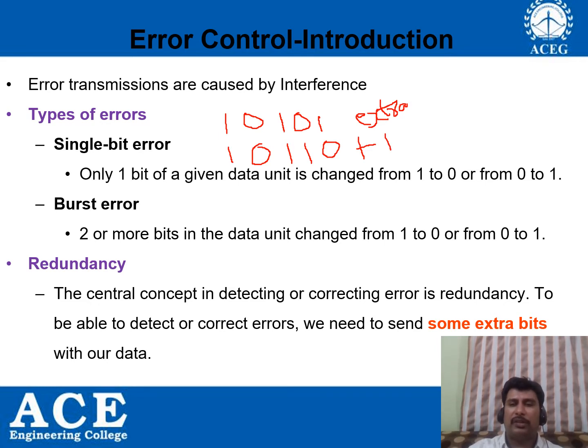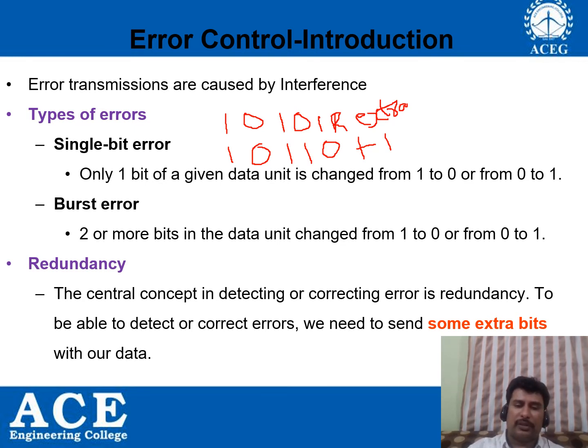So instead of 10101, I am going to send 10101 plus an extra bit called a redundant bit. This process is called redundancy, and the extra bits added are called redundant bits.